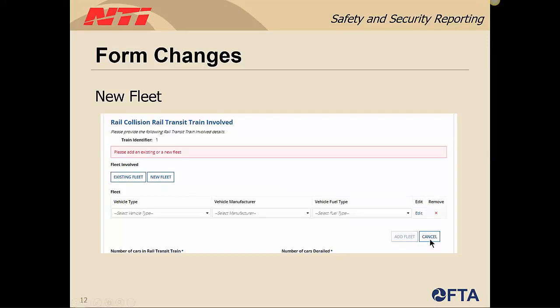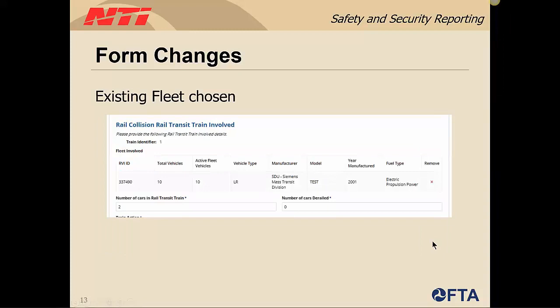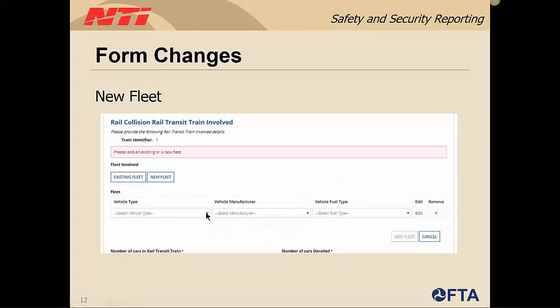When you click on that new fleet button, you can choose, just like you would have done before, the vehicle type. Was it a cutaway? Was it an articulated bus? Was it a van pool vehicle? Whatever it was. And then you will choose from a list of manufacturers, and you choose a fuel type.